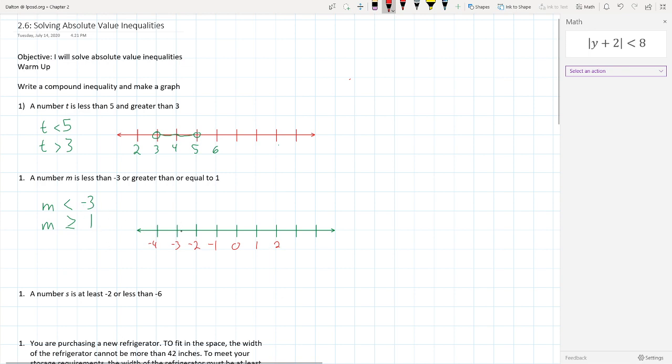So I know I have one at negative 3, and looking at it, it doesn't have a filled in dot, so it's open. And I want when m is less than, so a number that's less than negative 3 is negative 4. M is greater than or equal to 1, so I'm going to fill in this dot. And a number that's greater than 1 is 2, so I'm going to go towards 2. And so there's your answer. Not coming together and not meeting.